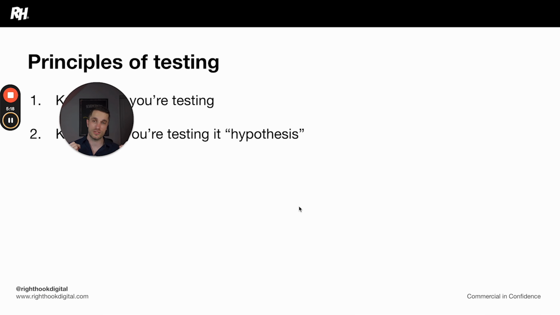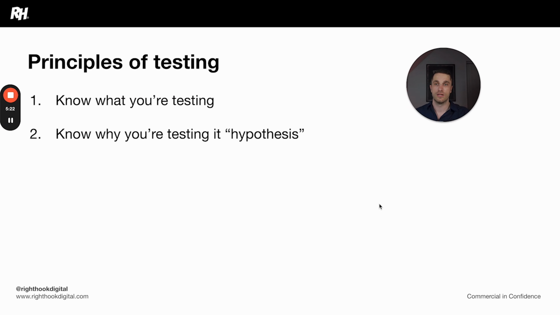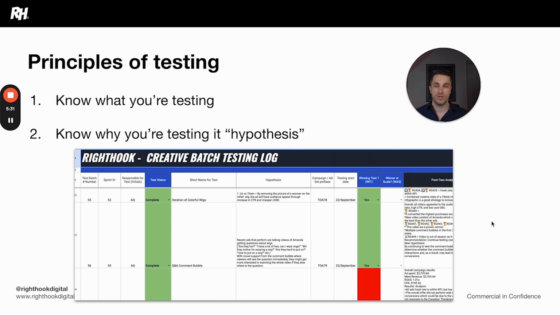Step number two, and these are the steps my team follow, is what is your hypothesis? What are you testing? Number one, which I mentioned that. And then why are you testing it? And so when me and my team are making creative, we do creative sprints, and I can make another video about that if you guys are interested, leave a comment. But we do creative sprints. And part of that creative sprint is for every creative concept, we come up with a hypothesis.